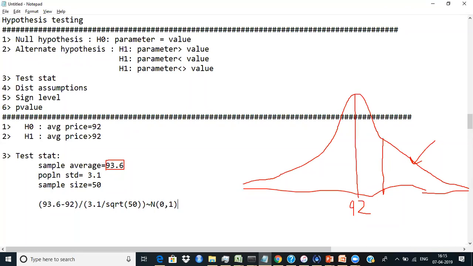Now, if I know that this follows normal 0, 1, can I find the area to the right of this quantity? First, let's calculate what this quantity is.